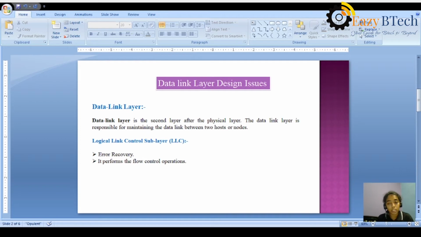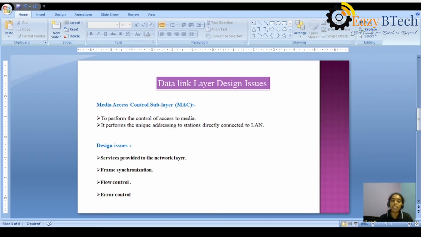The second one is the MAC layer, a very important sublayer of the data link layer, which performs control of access to the media. Media means transmission media. While passing data from source to destination, it controls access to that particular data. That is the functionality of the MAC layer.